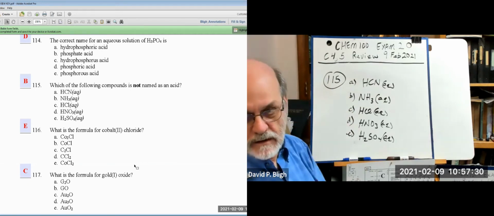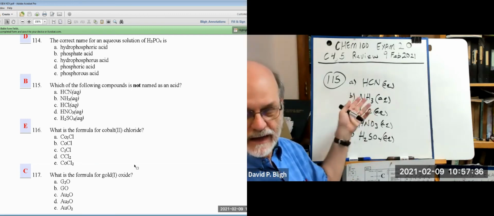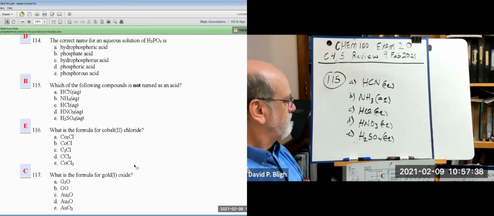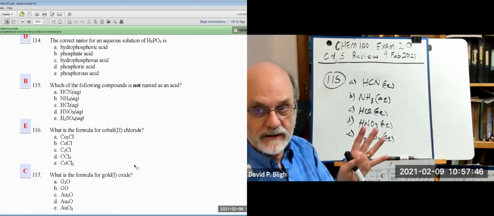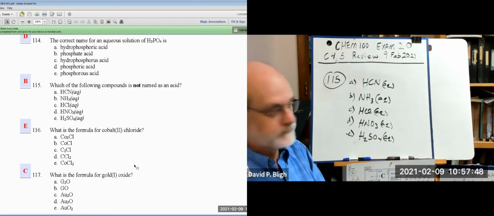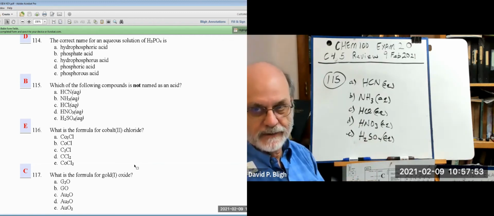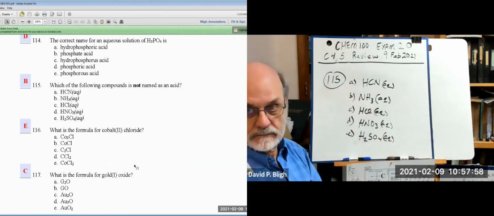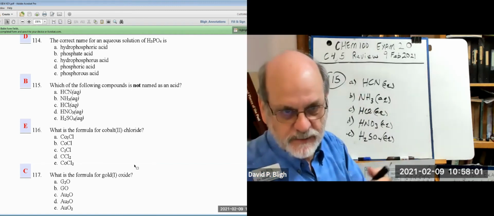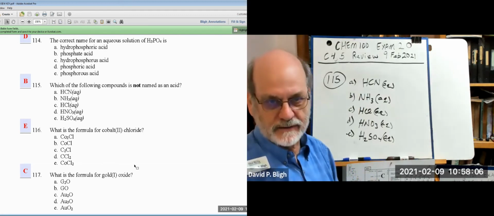In fact, in aqueous solution, well, actually it is ammonia in aqueous solution. But it will react with water. You know, we didn't say anything about that. Ammonia will react with water. And it actually produces a basic, not an acidic solution. So it's still aqueous ammonia. That's it. But that's because, and that's the answer. B is not named as an acid.